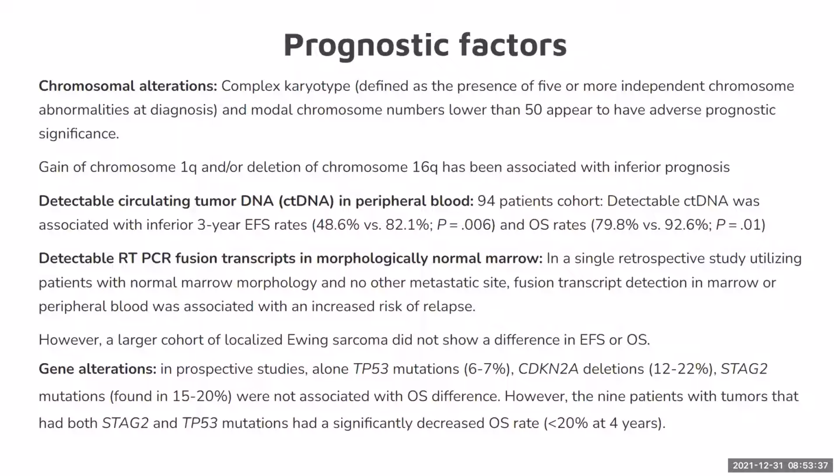So if there are 2 alterations, then yes, you can predict inferior OS, but individually they have not been shown to have poor prognosis. Commonly P53 in solid tumors, we say it has poor prognosis, but here it did not show, and it is found in 6 to 7% of the patients.